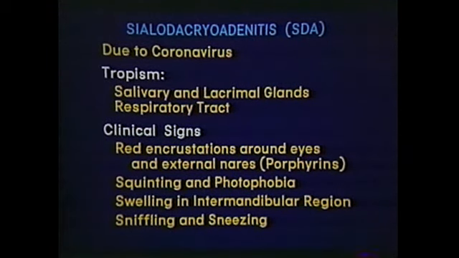There are also respiratory tract lesions, and let's review the clinical signs seen in acute cases of SDA virus infection. Mortality is nil, but certainly there are very striking manifestations of the disease on gross examination and histopathology in animals during the acute stages of the disease.